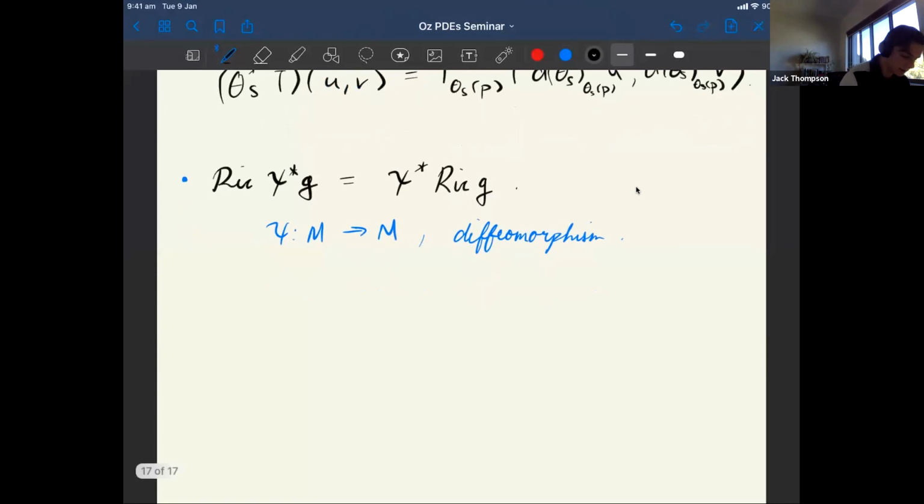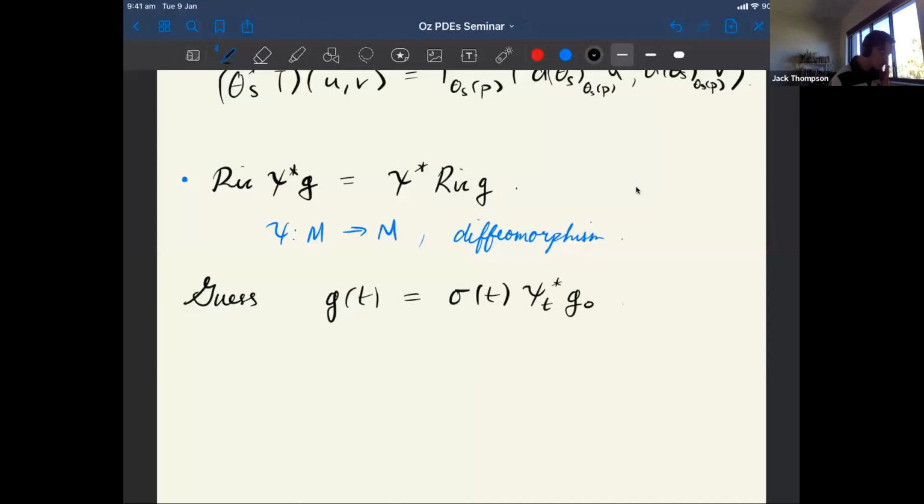So then the idea is to guess we have a solution that looks like this. So I'm going to take firstly a scalar multiple, and then I'm going to take the pullback of G naught, our initial metric, with respect to some diffeomorphism, and the diffeomorphism is allowed to evolve in time.